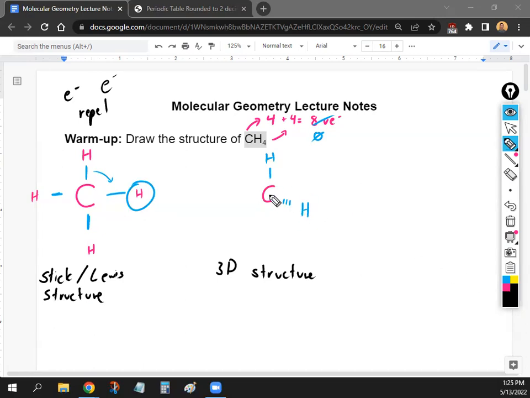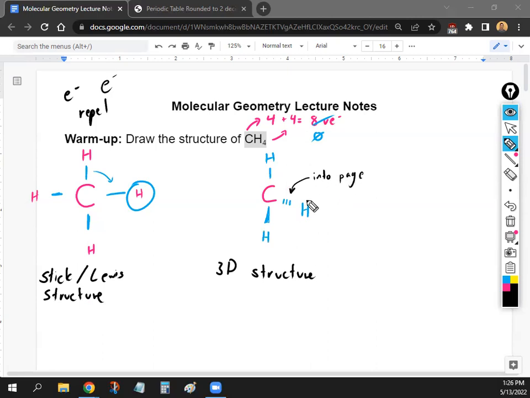Make sure you're copying this down because this is what the structure looks like. The dashed lines means that that part is going into the page. This one down here is going to get pushed outward, so out of the page. To represent that, we're going to draw this triangle and fill it in. And then we're going to put an H at the end.